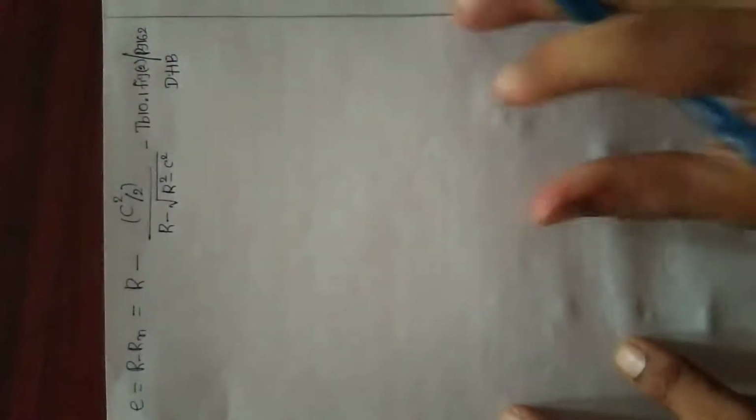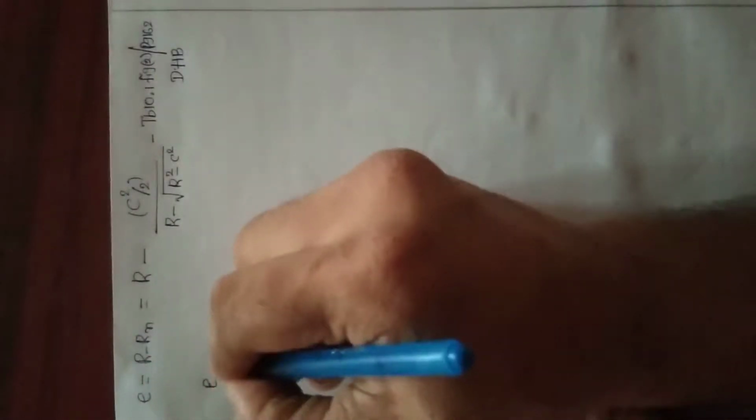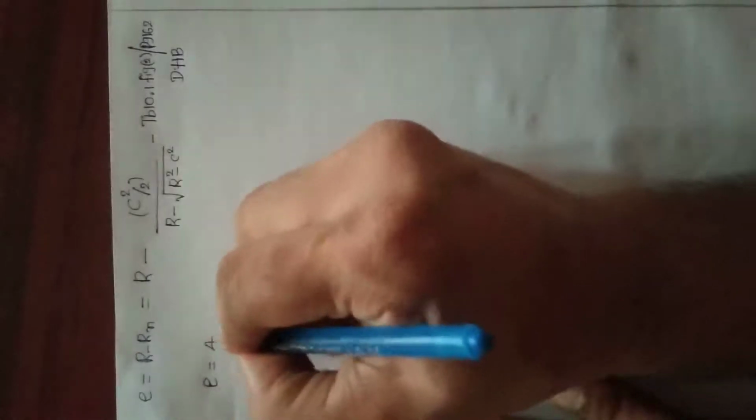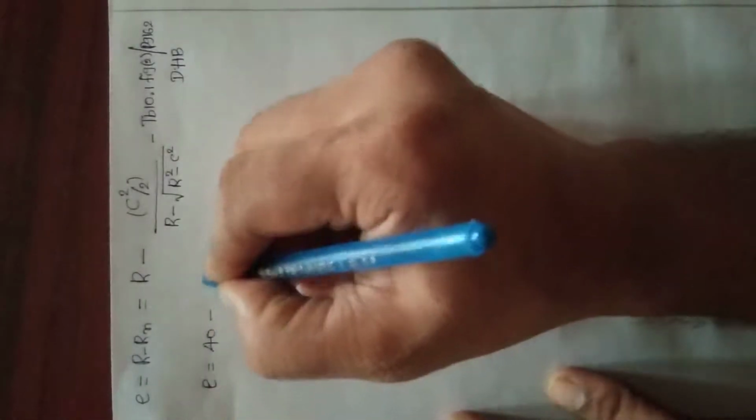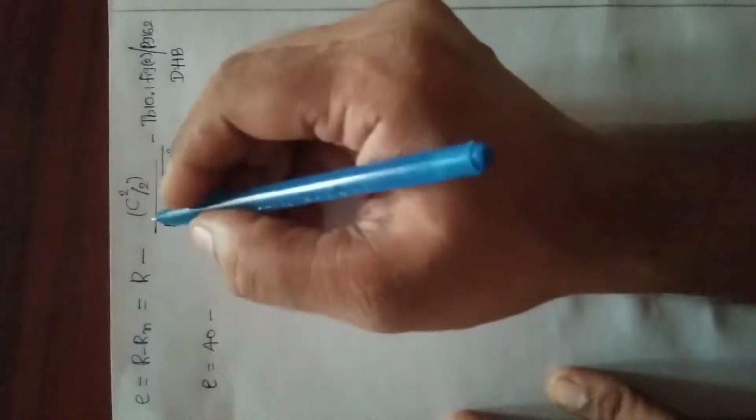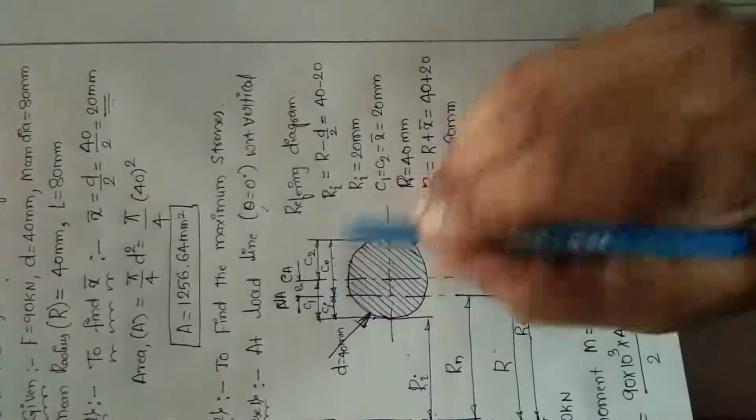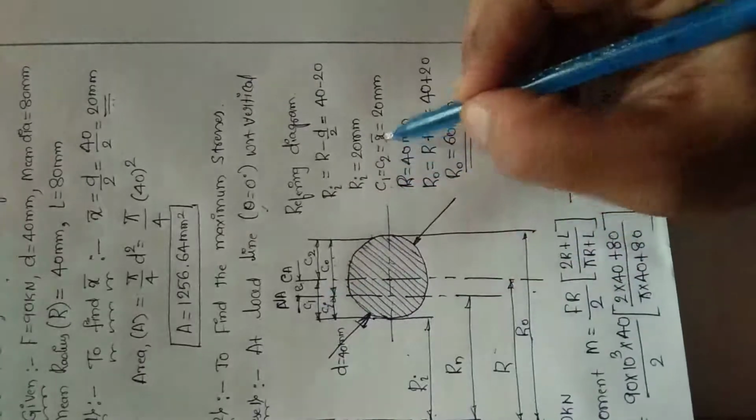Okay. So once I know this E value, I can find the inner fiber stresses and outer fiber bending stresses. So when I fill in the notations, R is 40, and C is nothing but C1, C2, X dash. It is called C because C1, C2, X dash are the same.